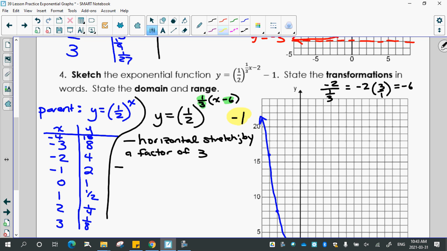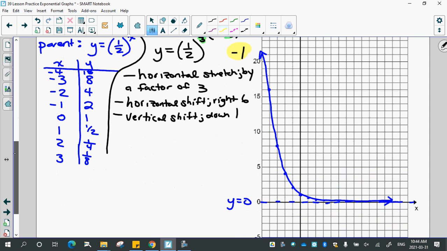And then the -6, horizontal shift, right 6, good. And then a vertical shift, down 1. Which means our asymptote's going to move down 1.